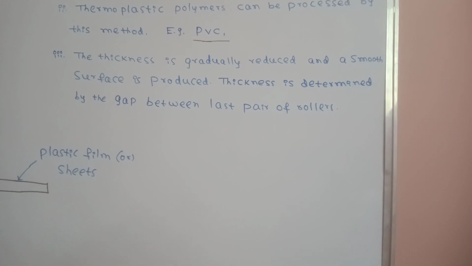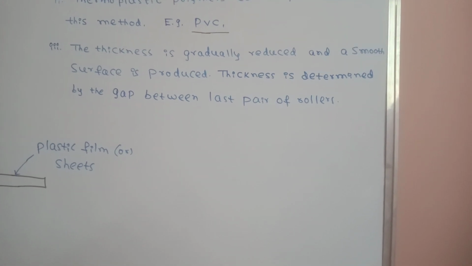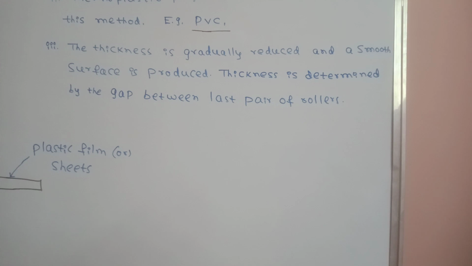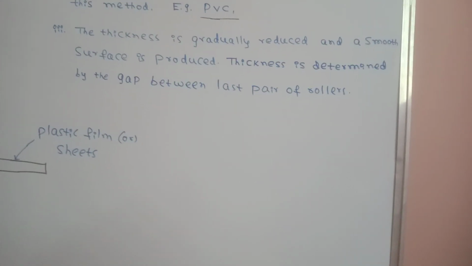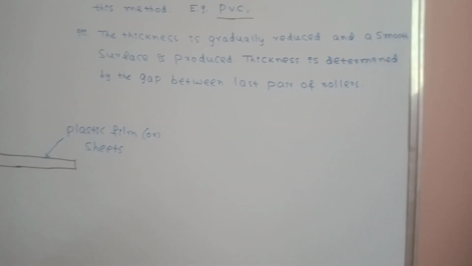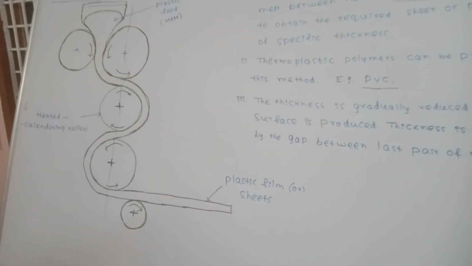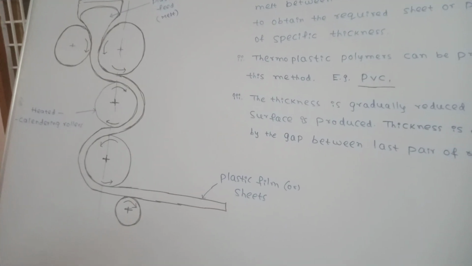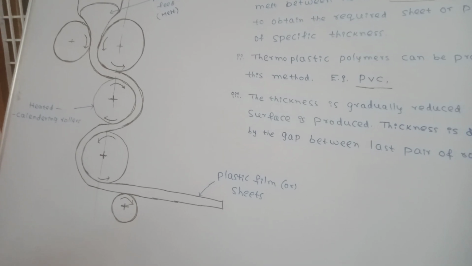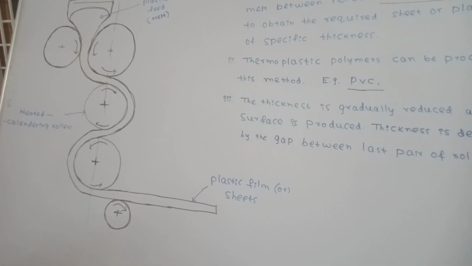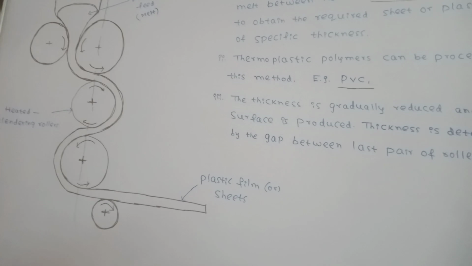The final thickness is determined by the gap between the last pair of rollers. So here we can see the last pair of rollers. Here we are able to see 5 rollers, but we may have any number of rollers.